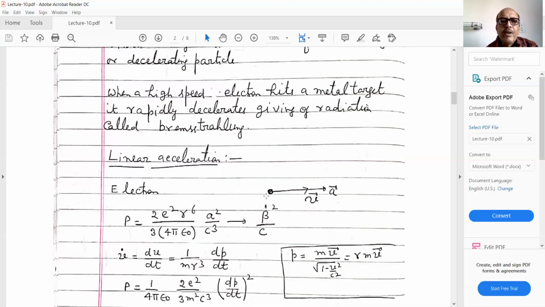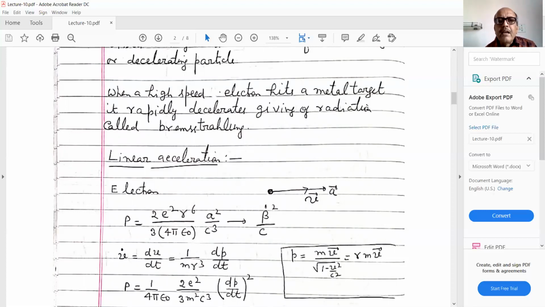In some textbooks, you will find that they write this a square upon c cube term as beta dot square upon c. What is beta? Beta is v upon c. So beta dot becomes v dot upon c, and therefore a square becomes beta dot square times c square, and we have a c cube in the denominator, so it becomes beta dot square upon c. So this is another way of writing the formula.